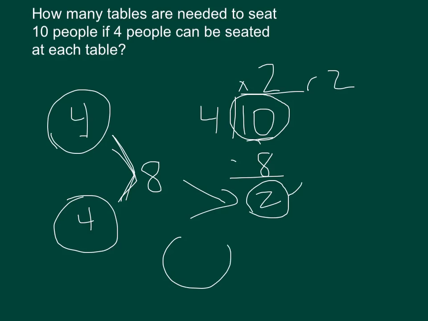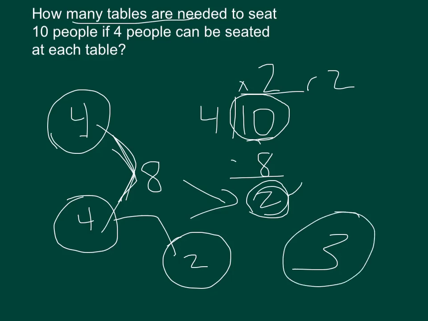So what we need to do is we need to add one more table, and there's going to be 2 people at that table. So the final answer of how many tables are needed, we're going to need the 3 tables, because 2 of the tables will have 4, one of the tables will have the 2 people that are left over. All right, so the final answer is actually 3 tables.